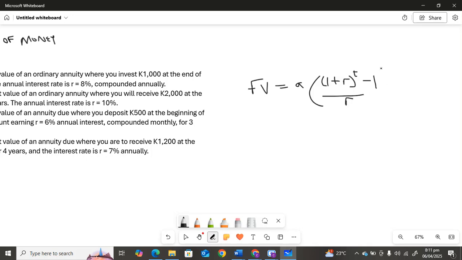R just represents the rate. T is the time. So they've told us it's compounded annually.